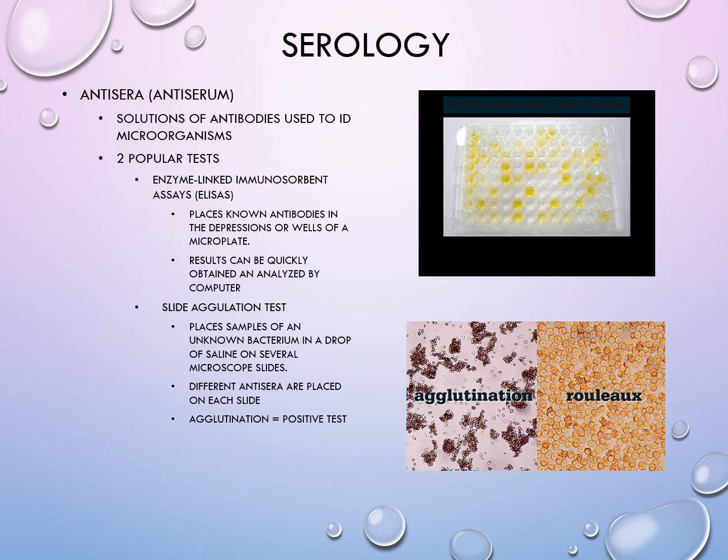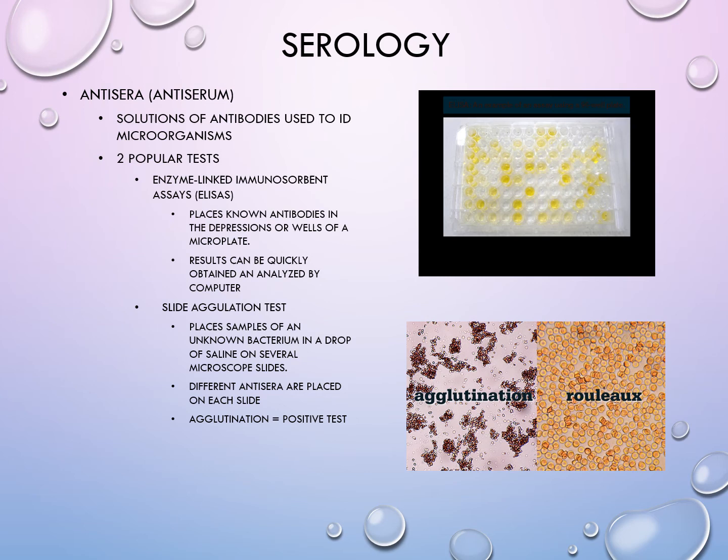So how do we make an antiserum? Well, from anatomy and physiology, we already know that when a microorganism invades our bodies, we start producing antibodies in response to the antigens that the microorganism secretes, right?